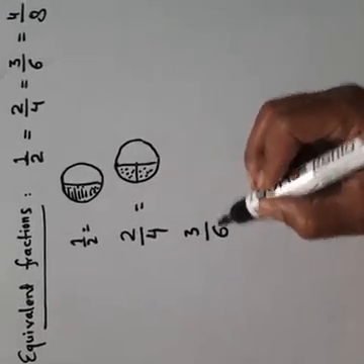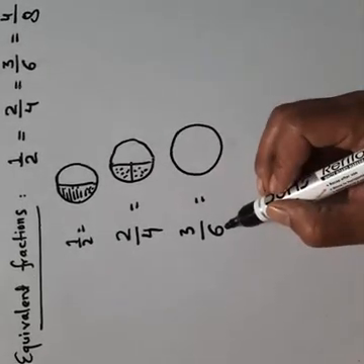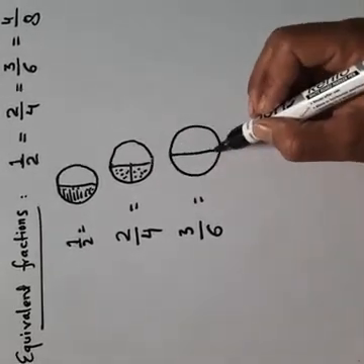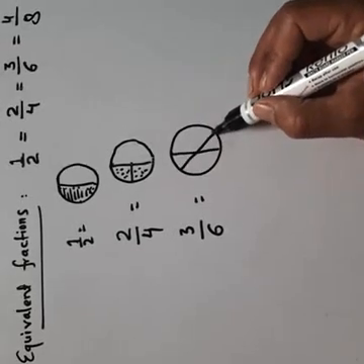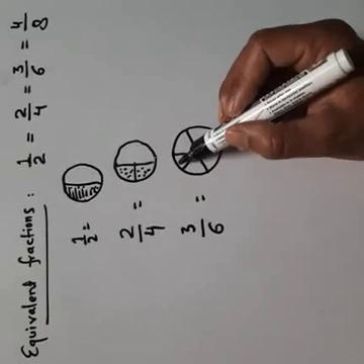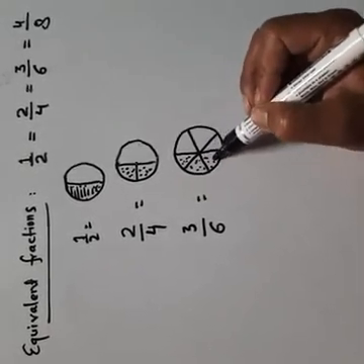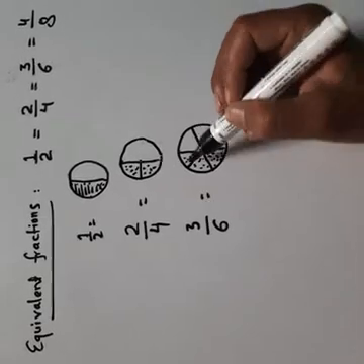Similarly, students, you can understand what is 3 upon 6. Again take one bread, and this time divide this bread into 6 equal parts, and take any three parts, because if all the parts are equal, any three will be the same.